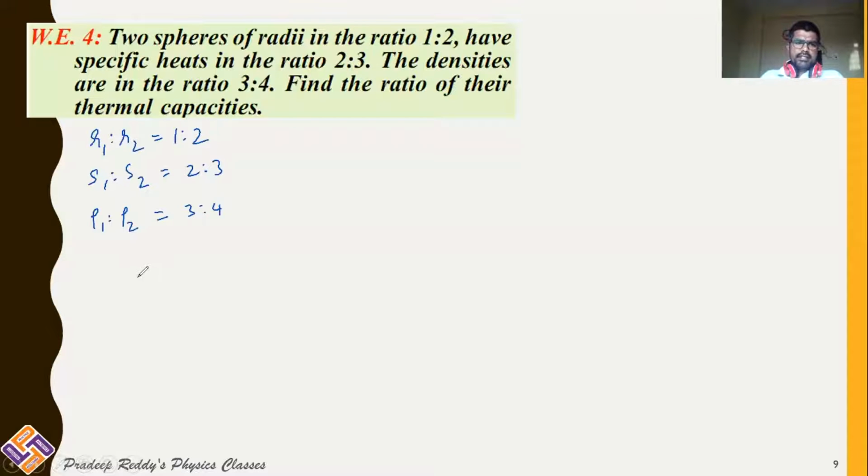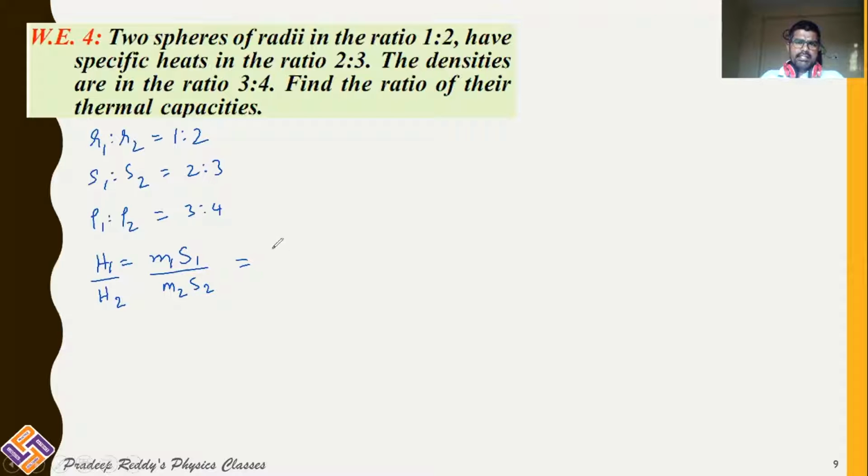What is thermal capacity? Thermal capacity is H, which is equal to mass of the substance into specific heat. You want to find H1 divided by H2. Ratio of their thermal capacities means H1 divided by H2. This gives you M1 S1 by M2 S2. But what is M1?